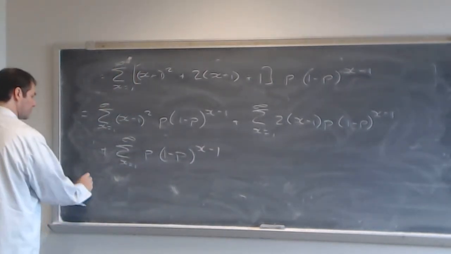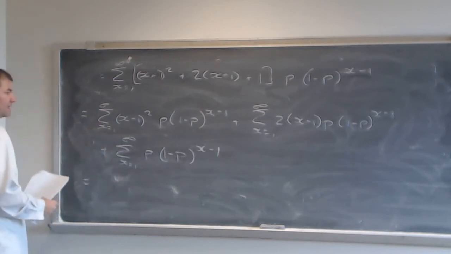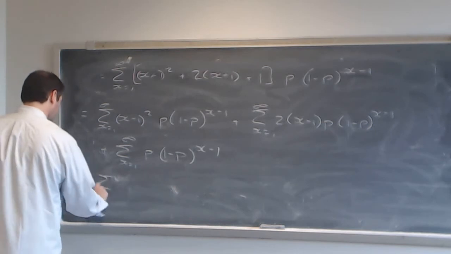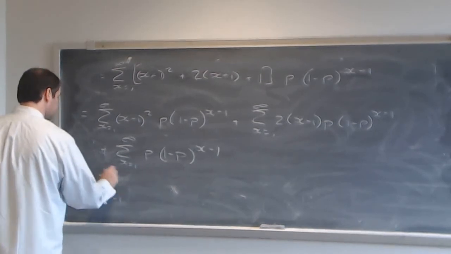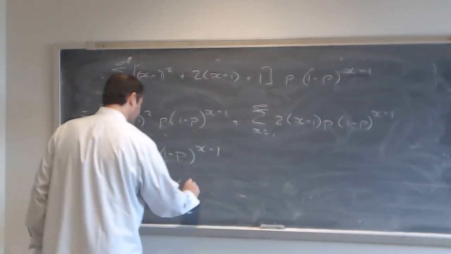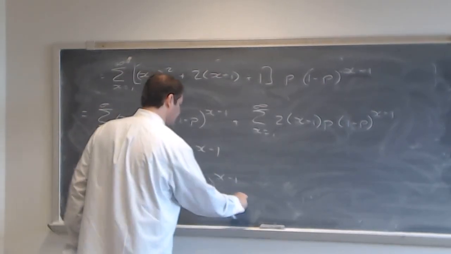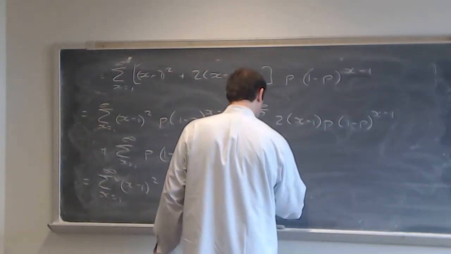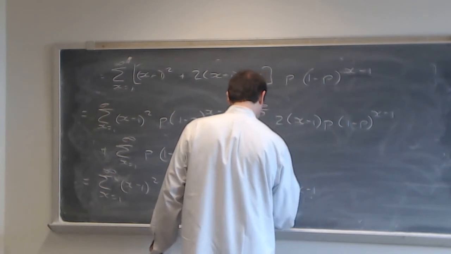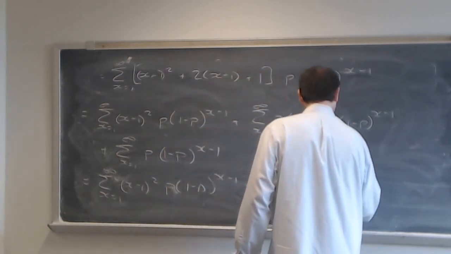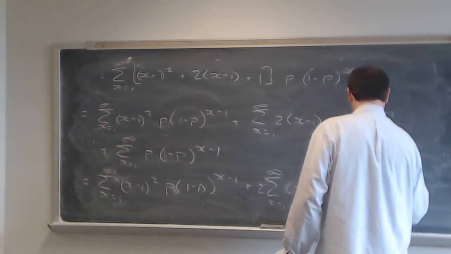That's where we are. I'm just going to write this down again as is. This is the sum as x runs from 1 to infinity of (x minus 1) squared times p times (1 minus p) to the x minus 1, plus, here's the sum, you can pull out the 2, and I have x minus 1, of course x runs from 1 to infinity, p times (1 minus p) to the x minus 1.